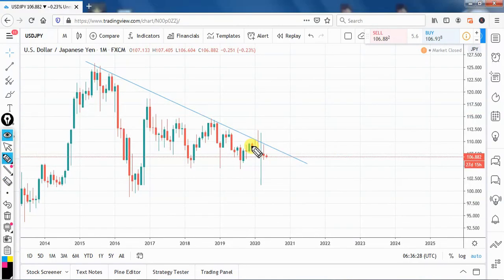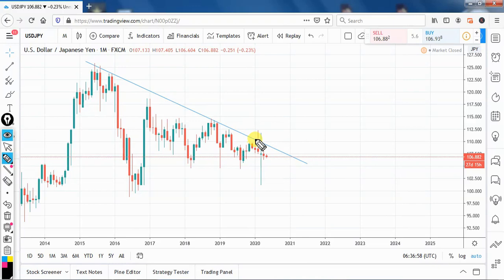And we continue with the US dollar against the Japanese yen from the monthly time frame. So each candle represents a month of data, and I'm just going to walk you through a bit of what's been happening. We see for the last couple of months, and this is since January, we have this monthly trend line in here, and price has tested this trend line already multiple times.